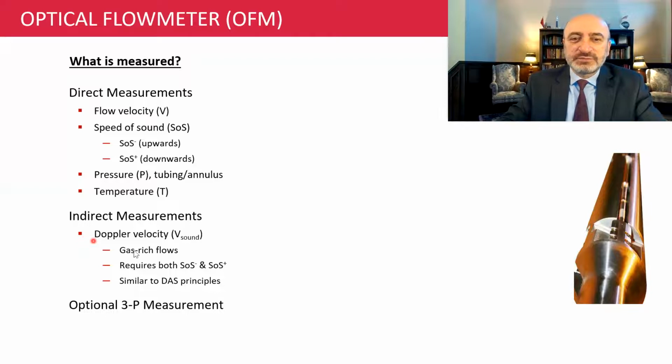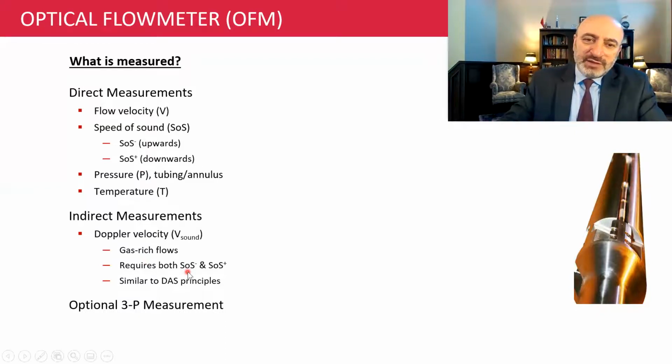In fact, this is the way most DAS systems, distributed acoustic sensing systems, measure the flow velocity based on the sound speed. However, this works well with gas-rich flows and gas producers, but it doesn't quite work for liquid flows due to the high uncertainty of the speed of sound measurement in liquid flows.